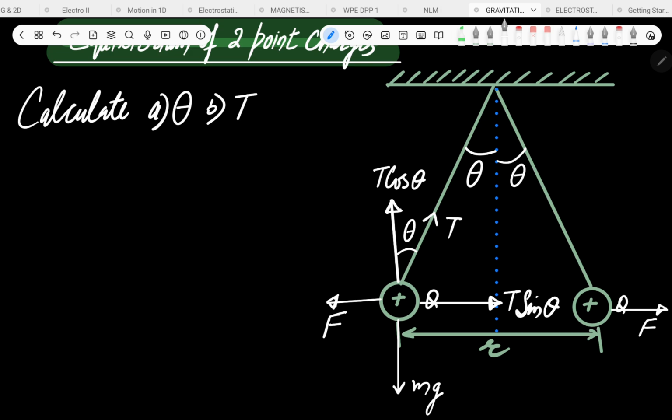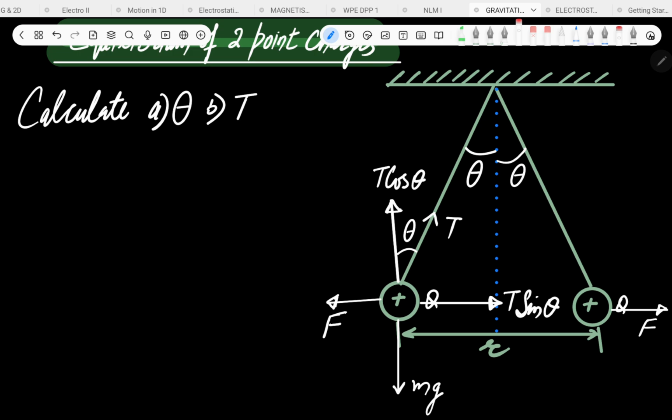Now since this particle is in equilibrium, the net force on this particle is equal to 0, which means that F should be equal to T sin theta, and mg should be equal to T cos theta.